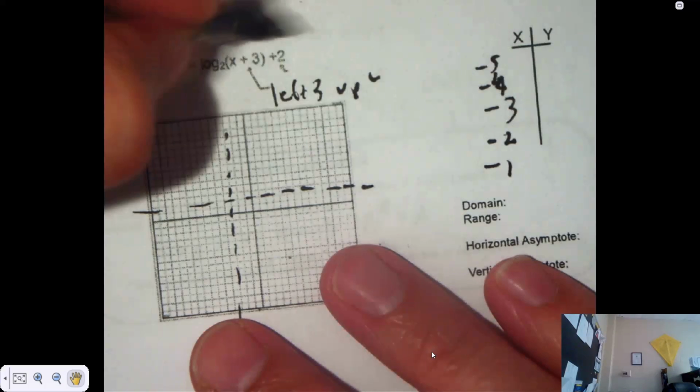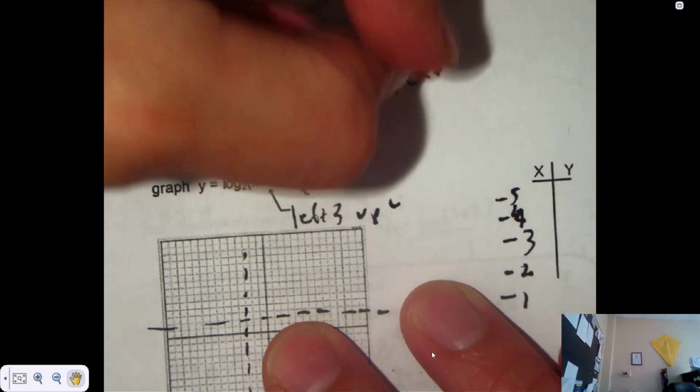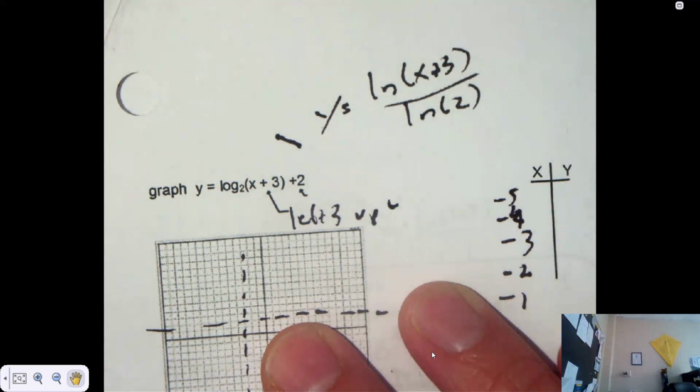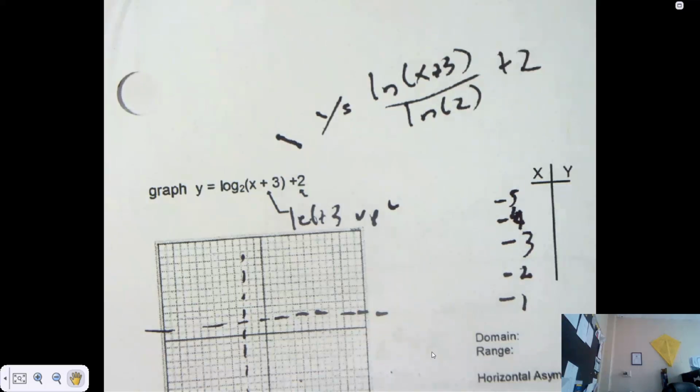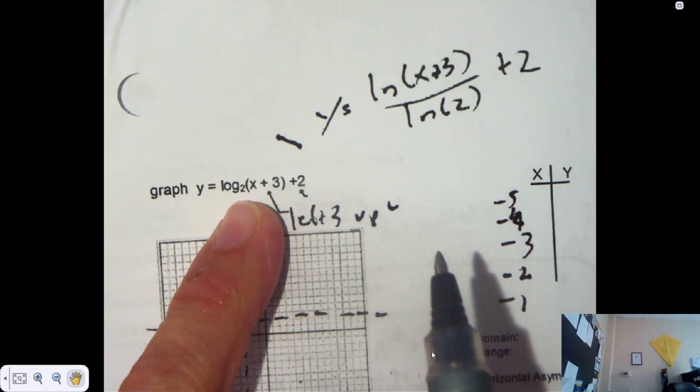Now, when we type this in a calculator, we're going to have to use change of base. y is the natural log of x plus 3, sitting over the natural log of 2, and then add 2. Remember change of base? You look so angry at me for teaching you logarithms right now, it's ridiculous. This has a base of 2, your calculator has a base of 10, right?